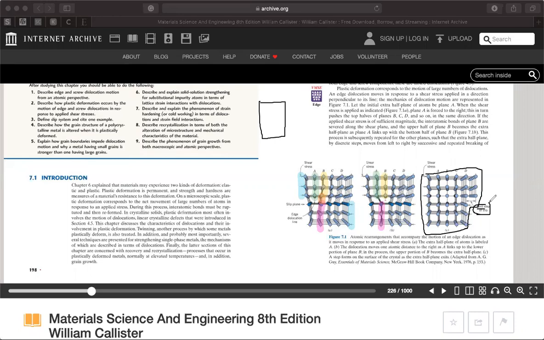Because the dislocation was here, so we have an extra plane of atoms here, and when you continue applying the shear stress, the extra half plane of atoms came to the surface, right? So the distance here is equal to the unit step of slip, and in metallic material, this equals the interatomic spacing between the atoms.